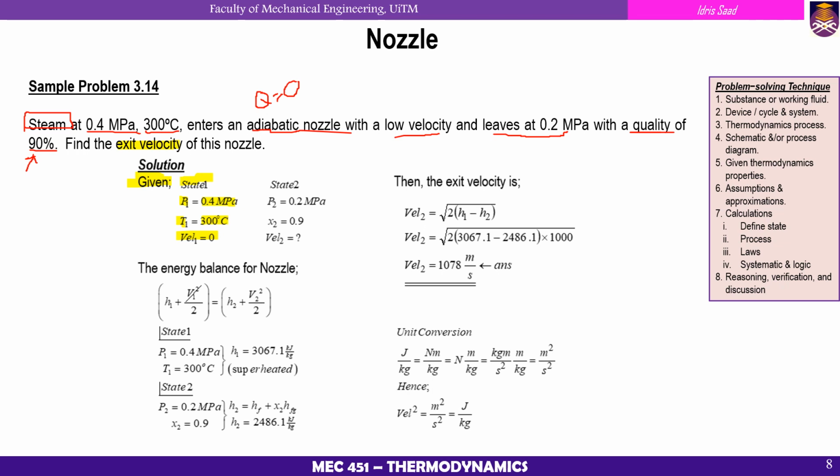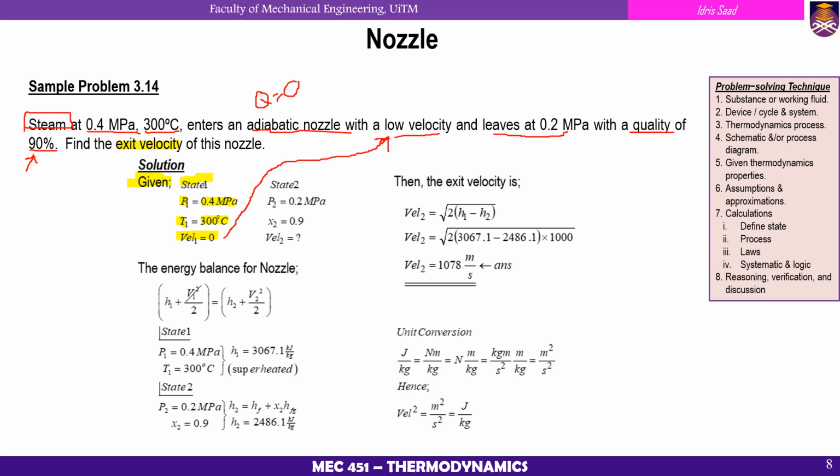Why is this equal to 0? Because the question said with a low velocity. So when the nozzle is said to have low velocity, we can assume that velocity as 0.